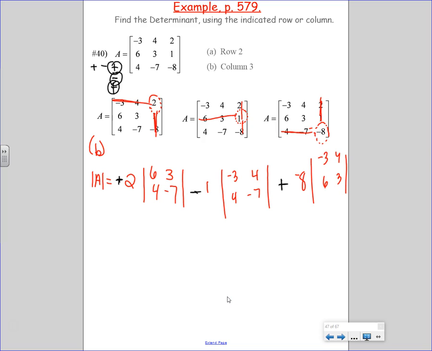You guys doing all your main minus opposites? Then remember, you can go to your calculator to check it and see if you got it right. All right.